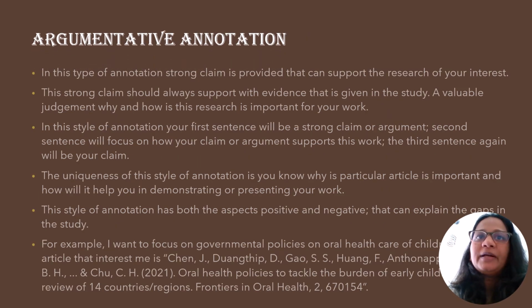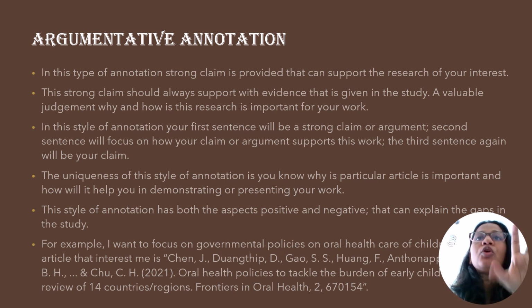Now going ahead is the argumentative annotation. This is a very important style of annotation. Why is this important? Because this is a strong claim. Now, in the previous two, you were giving the understanding of why the research is important, and you just needed to write. But here, you have to give an argument.